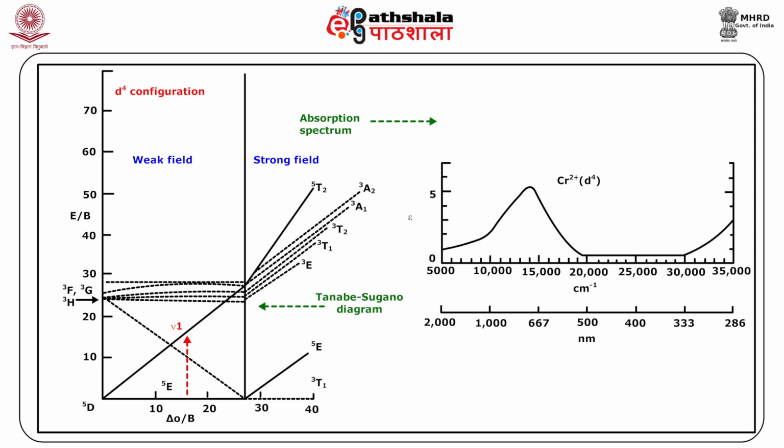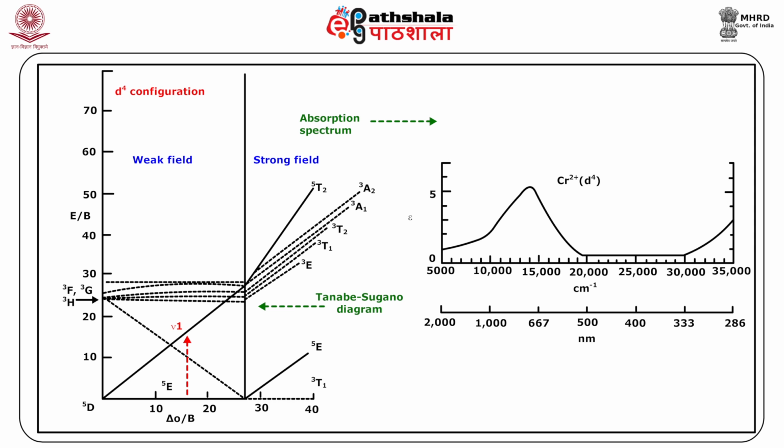The free ion term for a d4 configuration is 5D. In case of weak field, the term 5D splits with the ground state term as 5Eg, having the anticipated spin multiplicity of 5.